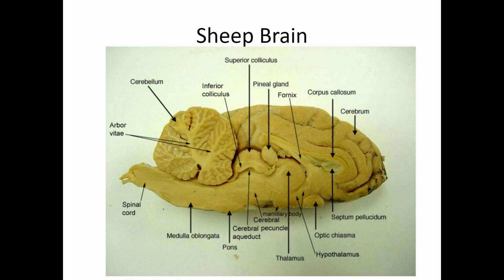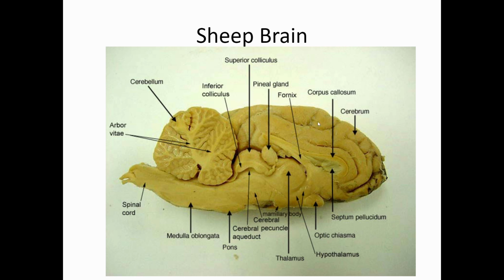Here's another view. Here we see not numbers, but actual labels. Superior and inferior colliculus, cerebral aqueduct under it, pineal gland, fornix, corpus callosum. Those are above and below the opening to the lateral ventricle. But if your lateral ventricle is covered by a membrane, that's the septum pellucidum.